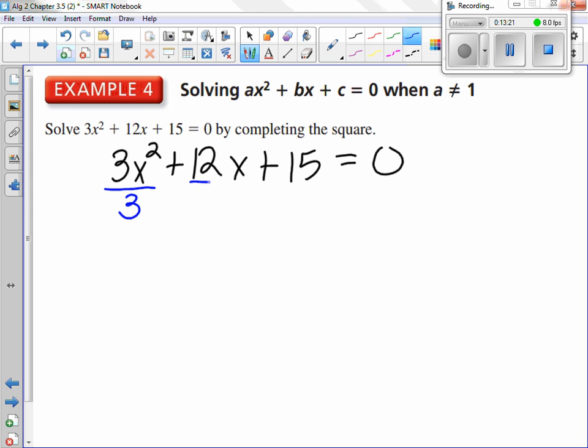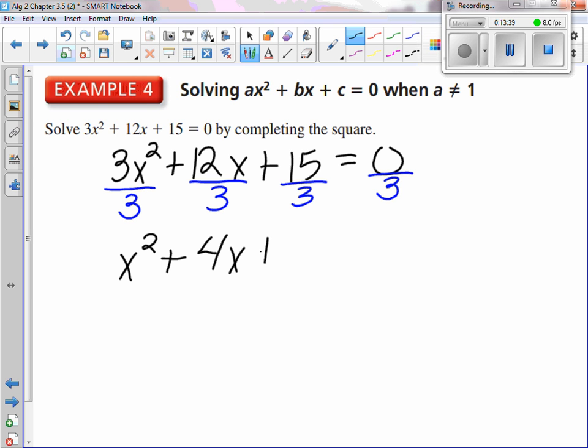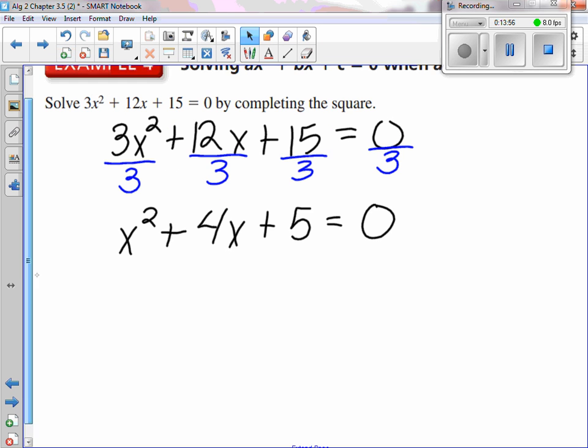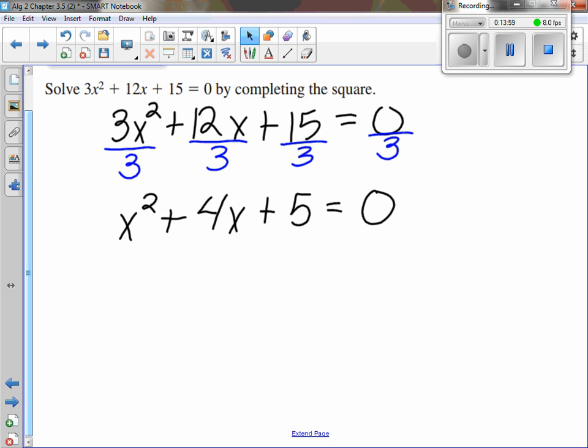We have to do this to every term. 3x squared divided by 3 would give us x squared plus 12 divided by 3 would be 4x. 15 divided by 3 is 5. 0 divided by 3 is 0. Any questions on this so far?